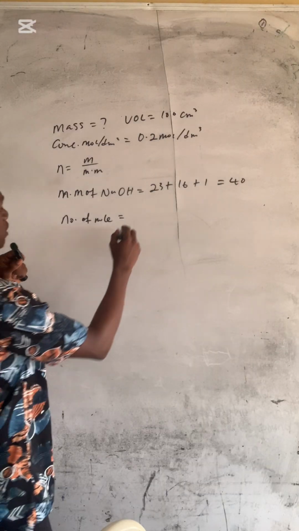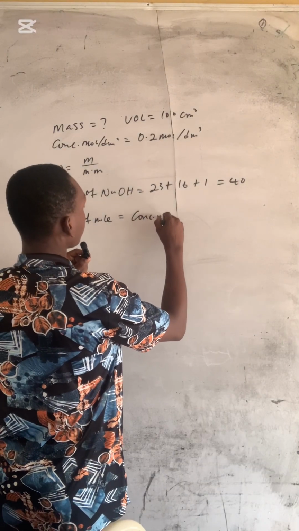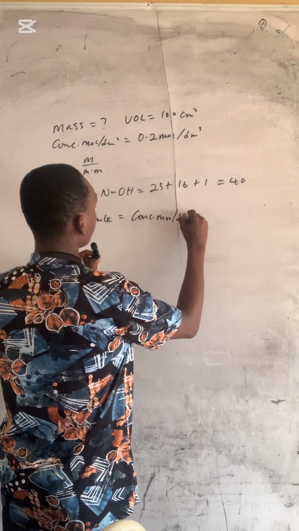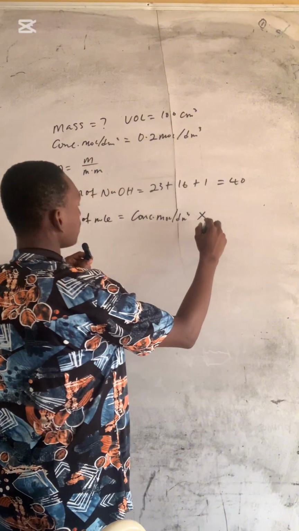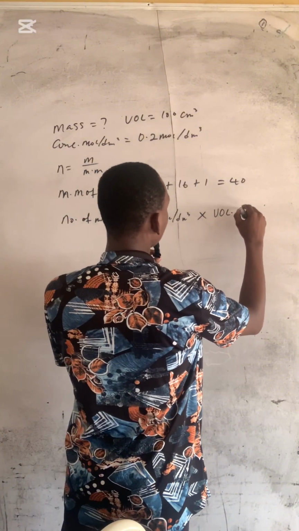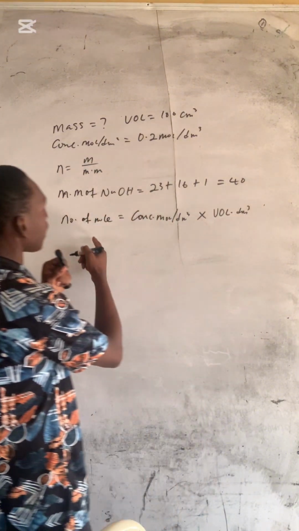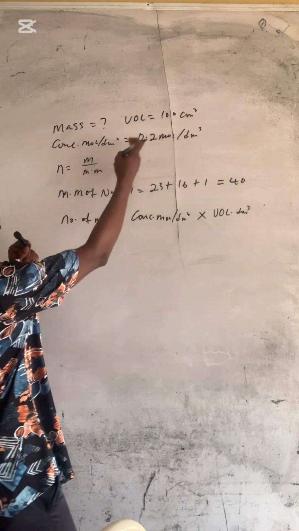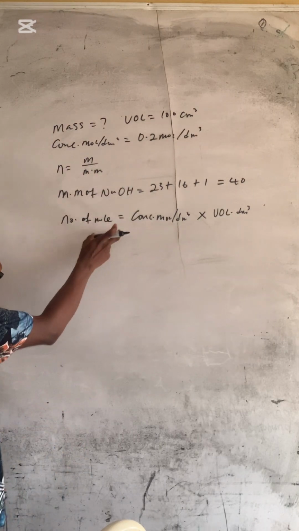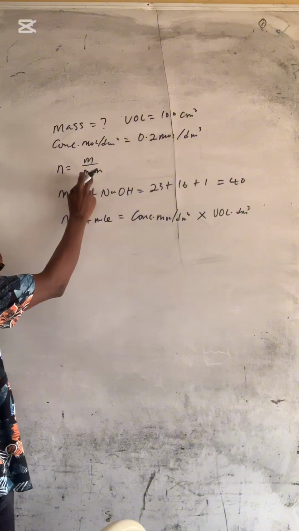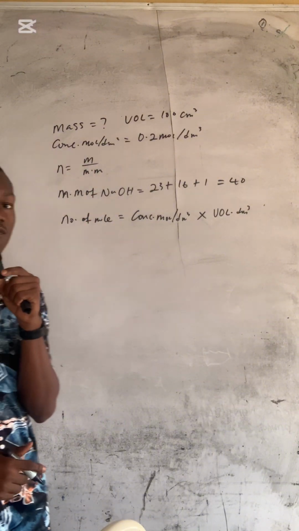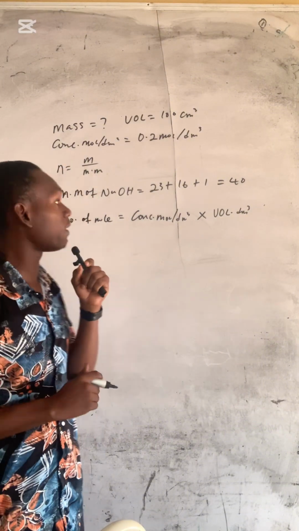And that is simply concentration in mole per dm³ times volume in dm³. This is another formula that relates concentration, which we are given, and volume. So if we can use this to solve for number of mole, then we can plug the number of mole in here to solve for the mass. Very easy.